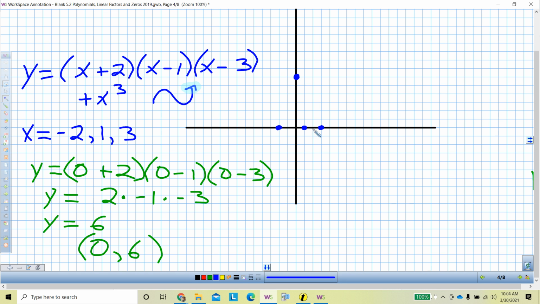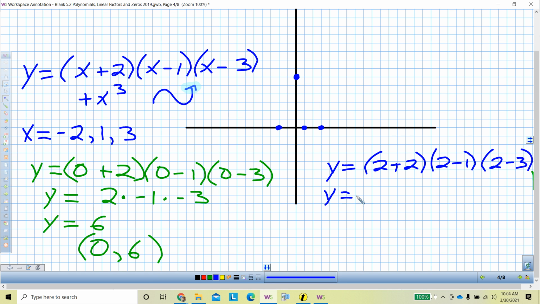Now, I only have one x value to pick in between here, so that's +1, that's +2, and we'll plug that in. So y equals 2 plus 2, 2 minus 1, and 2 minus 3. And then you just do the math in the parentheses.